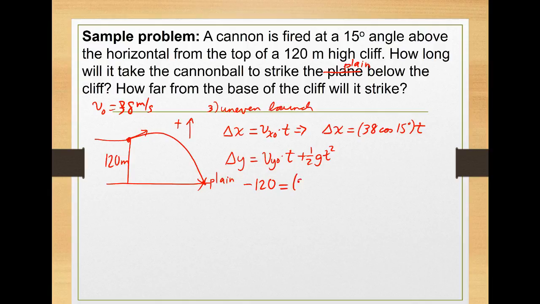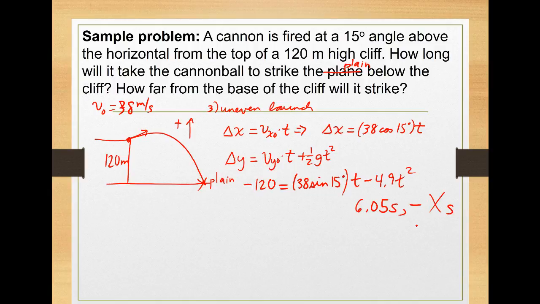Vy initial is still going to be 38 sine of 15 degrees, and we have a t. And then we also have minus 4.9 t squared. And what you're going to notice is that now we have a quadratic. And this quadratic has two answers. It has a positive answer of about 6.05 seconds and has a negative answer that I didn't calculate.